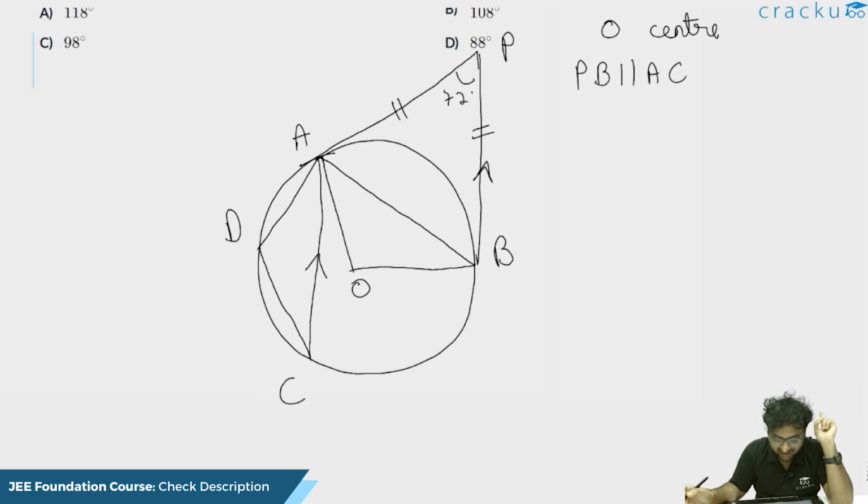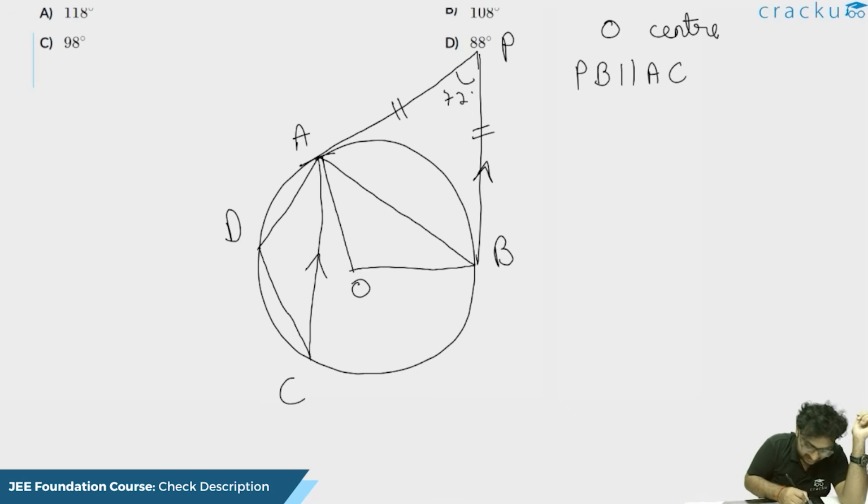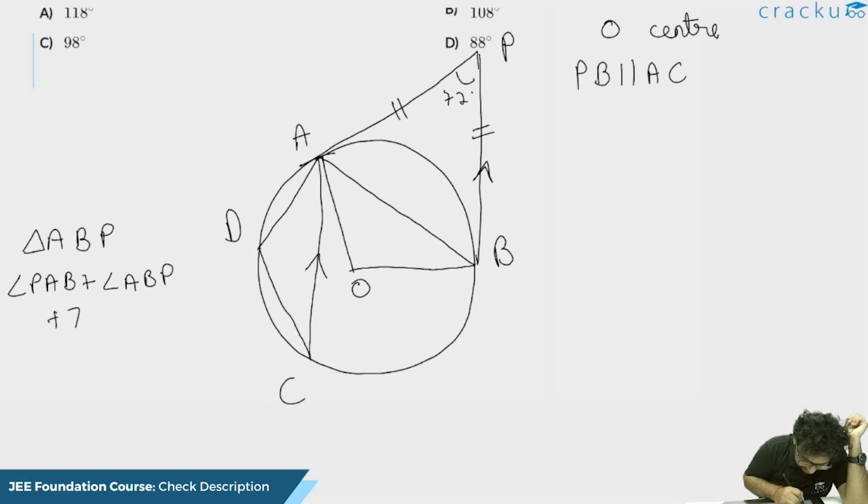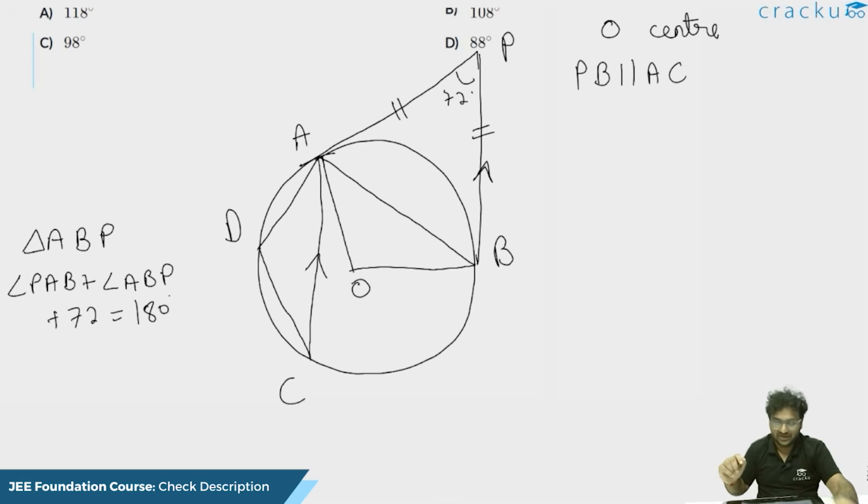Now in triangle ABP, angle PAB plus angle ABP plus 72 is equal to 180 degree. Sum of the angles of a triangle is 180 degree.